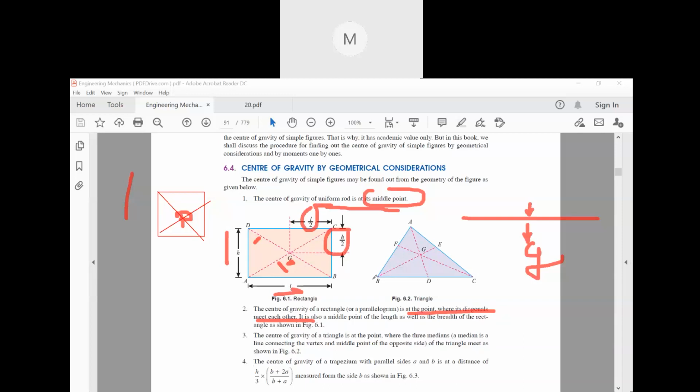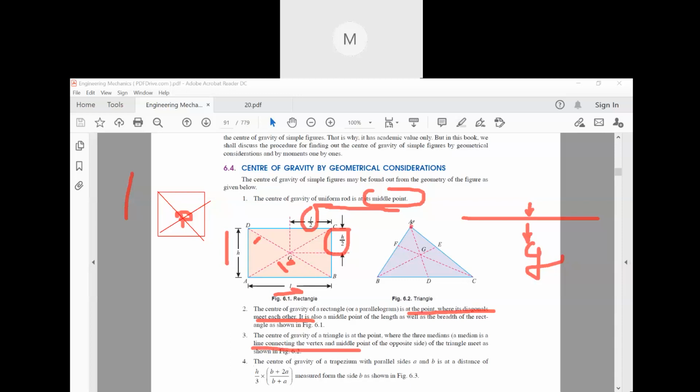Now, for a triangle, I just discussed it a few minutes back. For a triangle, it is a bit different. So what happens in the case of a triangle? In the case of a triangle, you have to draw a median. A median is a line which connects the vertex and the middle point of the opposite side. Look, this is the vertex, the edge of a triangle, so it is known as a vertex.